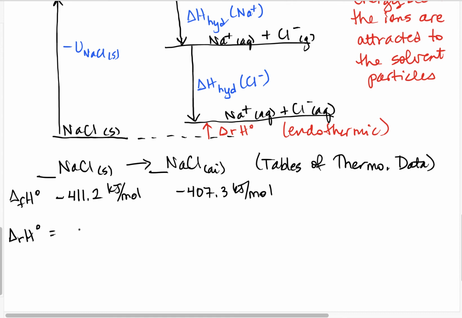So again, as a review, because sodium chloride is our reactant and it has a stoichiometric coefficient of just 1, we're going to change that to a -1 because it's a reactant and it's being used up. We'll multiply that by its formation enthalpy. And then we'll add the formation enthalpy for the products, which is also just multiplied by a +1, so I'm not going to mention it.